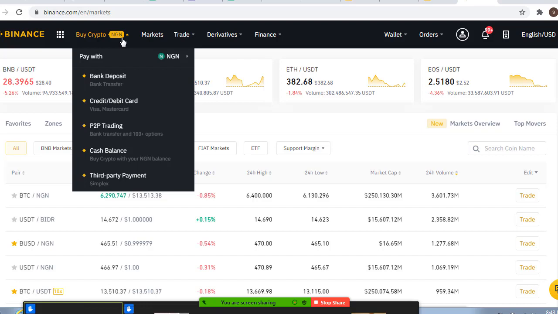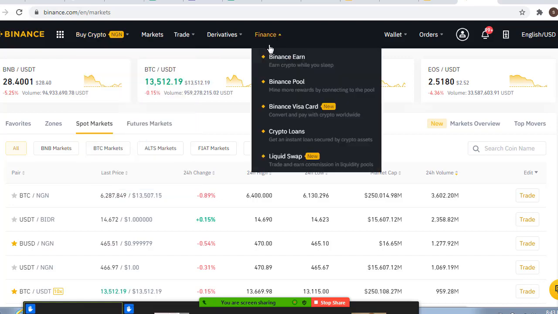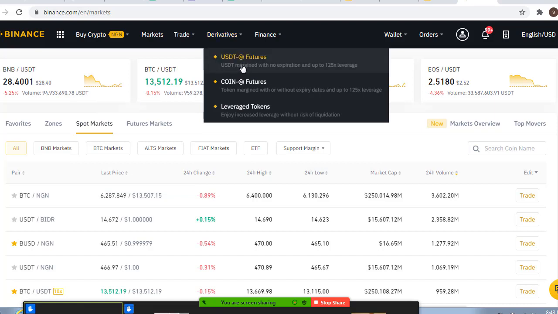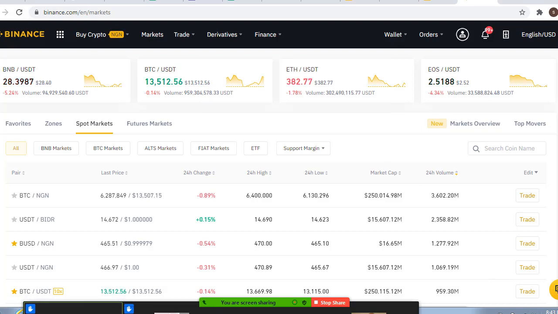You can ask a question briefly. You've already joined Binance. Is there any other way I can input a referral code to get my $5 or something? Yes, when you want to trade Binance futures or derivatives, they will ask you who referred you, and then you put that code, which is my referral code.